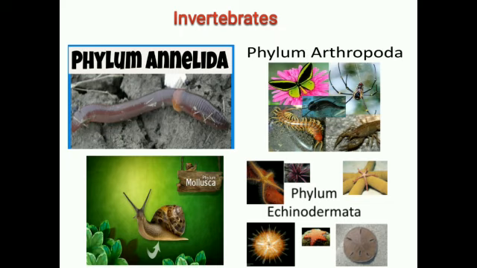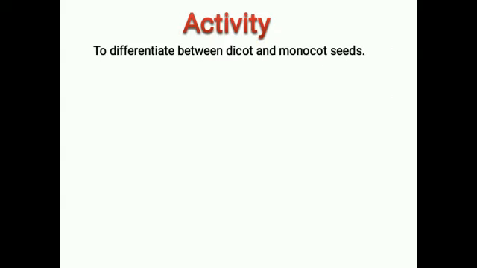Now let's talk about an activity that you have to perform and write down in your activity file. The activity is to differentiate between dicot and monocot seeds.